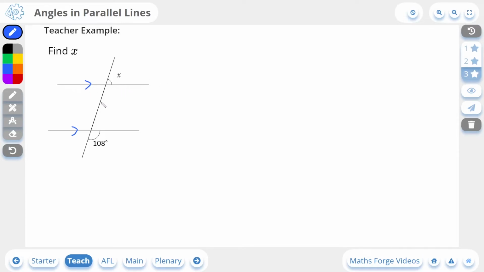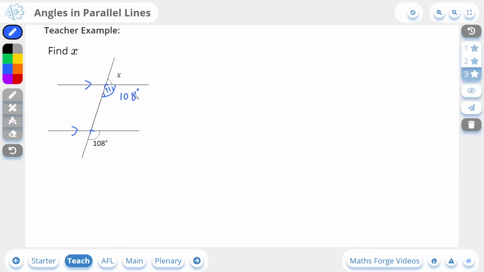So here are our parallel lines, and then we have a third line intersecting both of them. Now, in this case, we can use various angle facts to actually get x, but I'm just going to use one. I can see here that this angle would be corresponding to this angle here. Of course, they sit on parallel lines and their corners are facing in the same direction, so therefore they are corresponding angles, which means that this angle here in blue is 108 degrees.